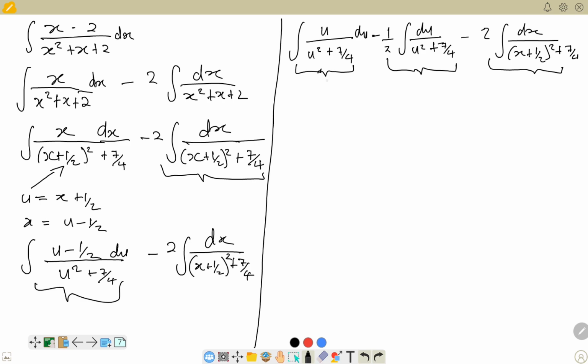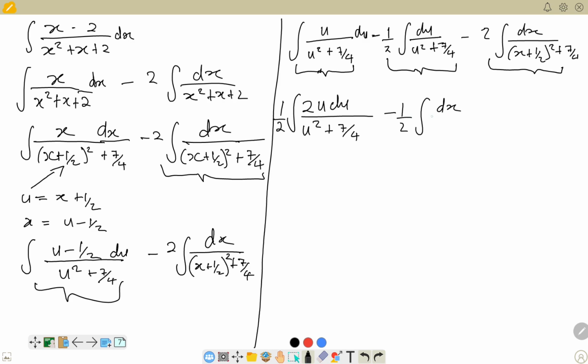But firstly, what I can do is to leave this one with u's. So this side I must keep the u, or I can put the 2 here and divide by 2 there. Then this side I can have 1 over 2.